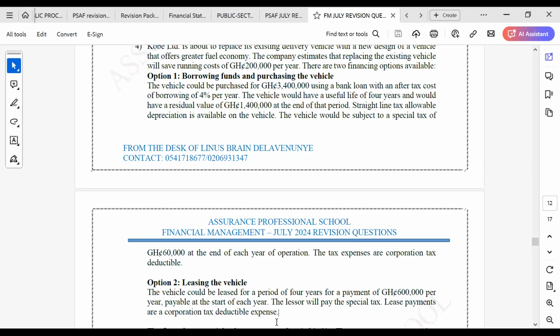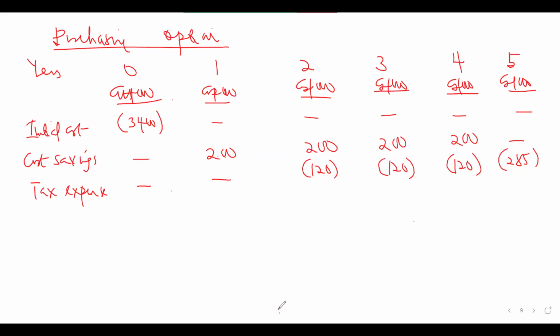That is why it is called tax deductible. So you enjoy tax benefits on the tax you have paid, which is 30% on that particular amount.